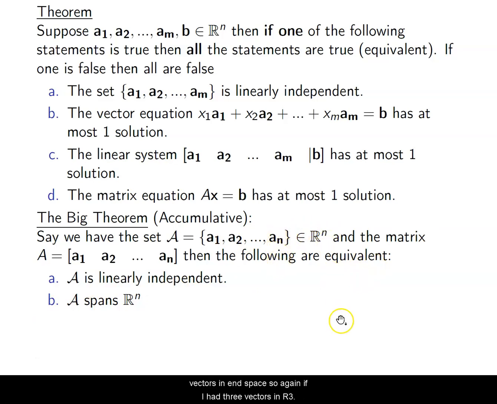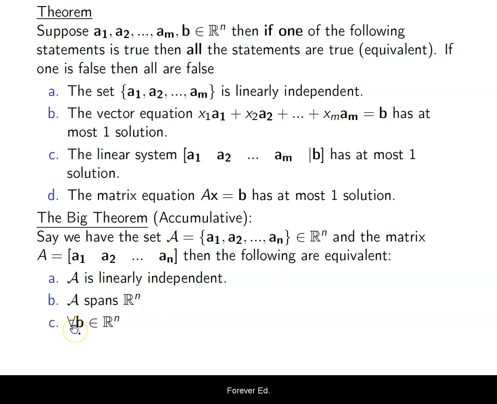So again, if I had 3 vectors in R3 and they were linearly independent, they would span R3. This is how they go together. Very, very important. If we have n linearly independent vectors in n space, they will span Rn. So they're tied together.